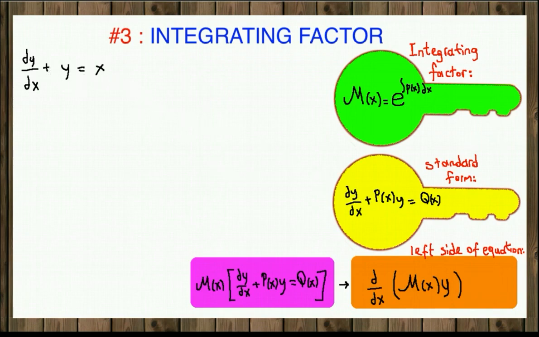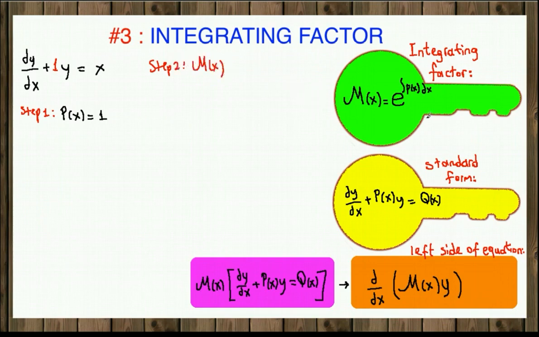Here, we need to detect our p of x. P of x is the coefficient or function in front of y. In our question, it is 1 times y. So our step 1 is to find what p of x is. Our step 2 is to find mu of x.